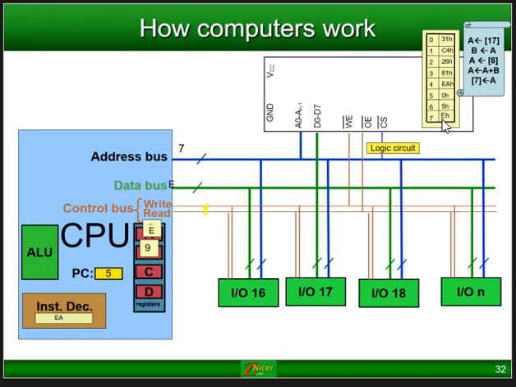So this in short is how a computer works. We don't need to worry too much about it, but it's good to have an understanding of what's happening inside there. In assembly, you have to work a lot with these registers inside here.